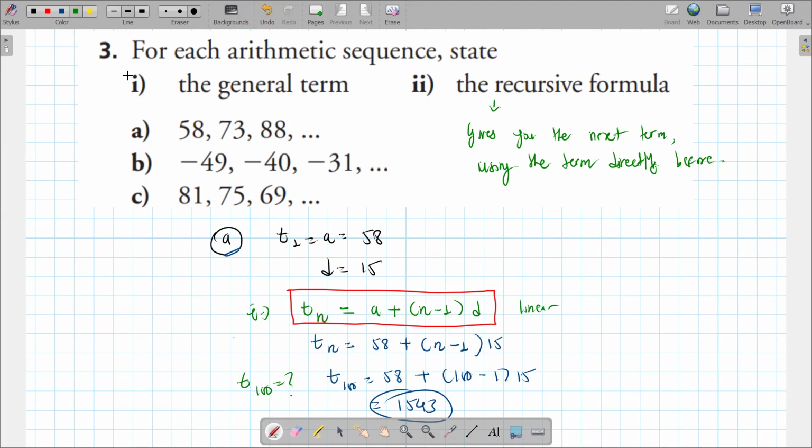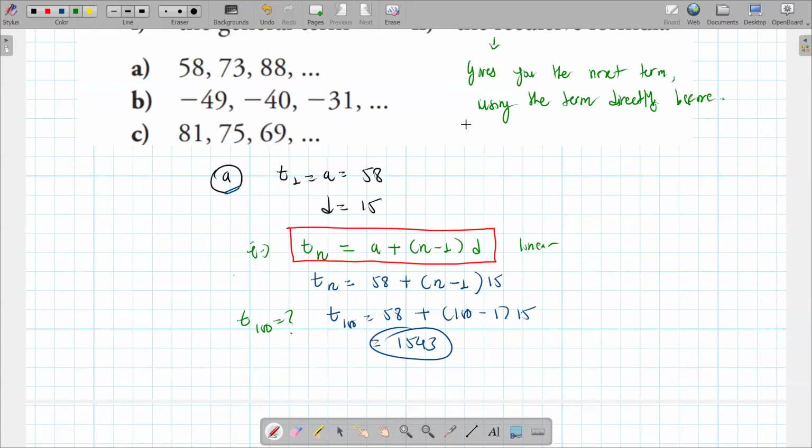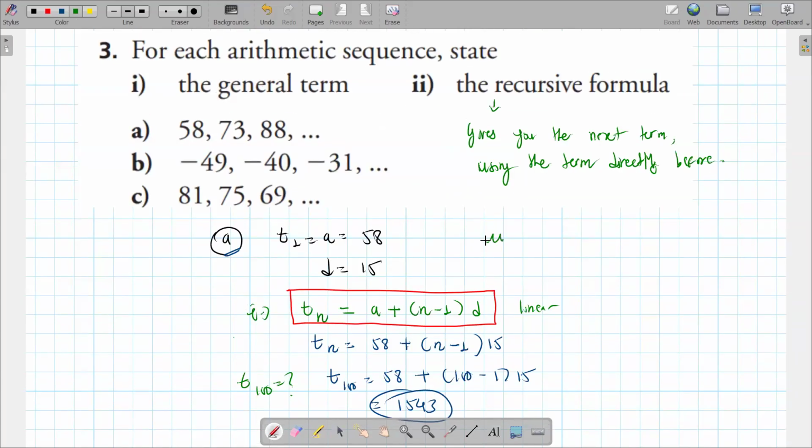Now, for arithmetic, it's very simple, but we'll see later when we can't have a general term, this becomes really difficult. So for part two, the answer here will be something like this. Your next term is Tn plus 1. We know what it is, you just add a 15 to it. It's 103. But this is what we call Tn plus 1.